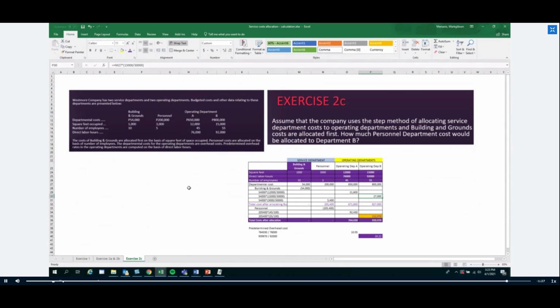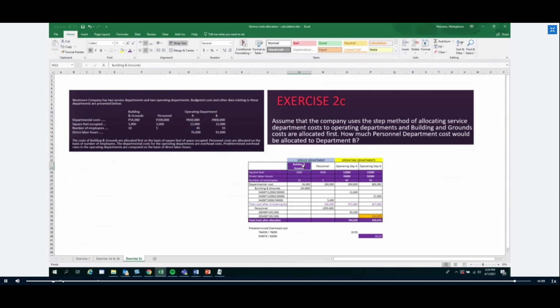O ngayon, ang kailangan lang tatandaan, the problem will always give this information, no? Hindi mo huhulaan kung sino yung una mong i-allocate, no? So lagi niya sasabihin sino yung una mong i-allocate. Tapos kung napansin mo, step by step yung ginawa natin. Kasi dito sa example natin, dalawa lang yung service department.